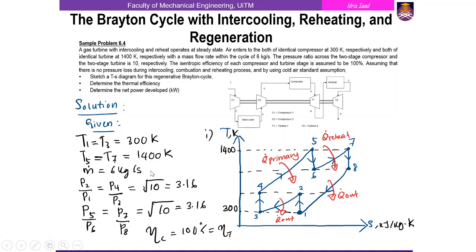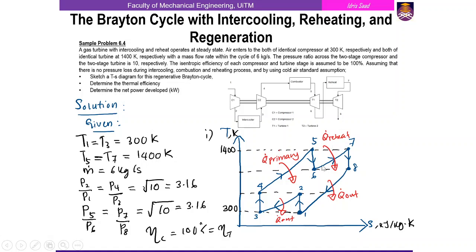Why? Because before this we didn't have the square root. Basically this is the usage for multiple stages. If, for example, we have three compressors, this is the cube root. Basically, if we have 4, the fourth root. In this example we have 2, so square root only.